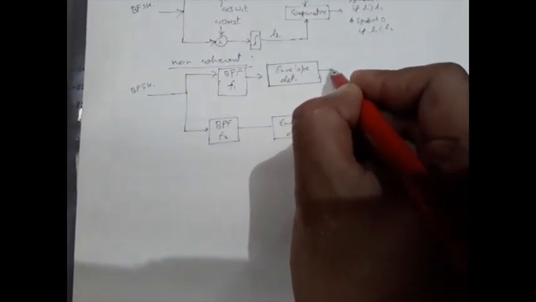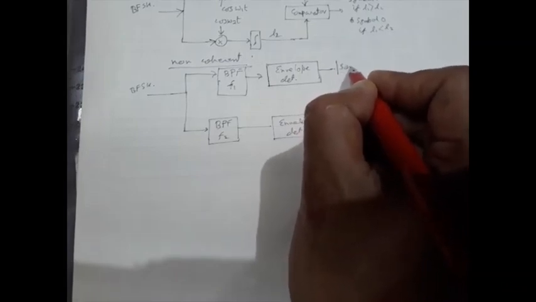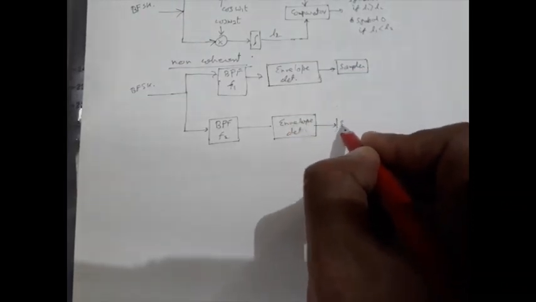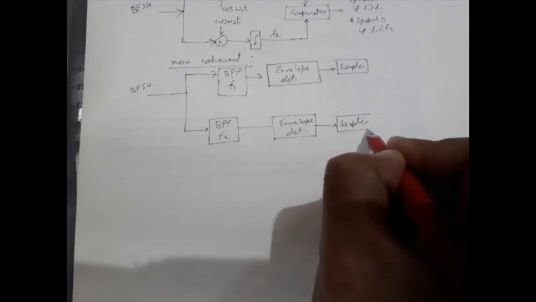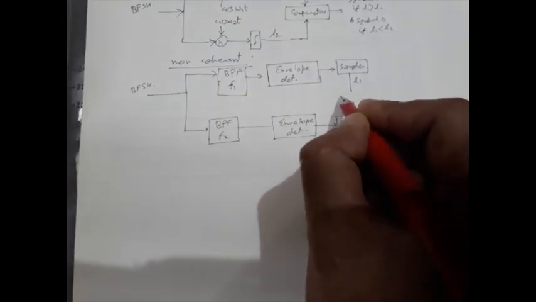Next we have a sampler. The sampler will run with the help of a bit synchronizer. Output of this sampler is say L1, and this one is say L2.